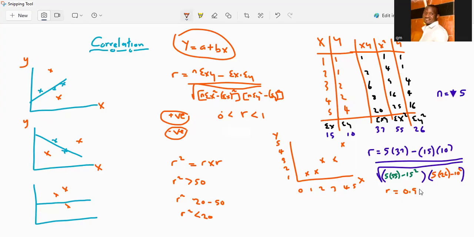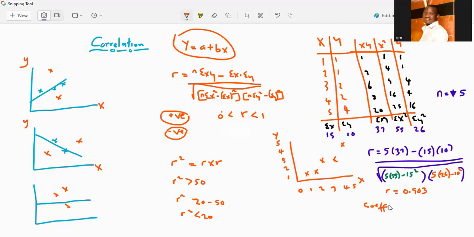0.903. Just from the sign, what type of relationship is this? You can say it's a positive relationship. This is called the coefficient of correlation. Coefficient of what? Correlation. So be careful in substituting that. The calculator can also do this for you.